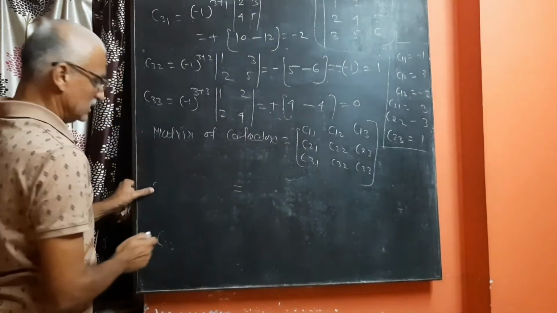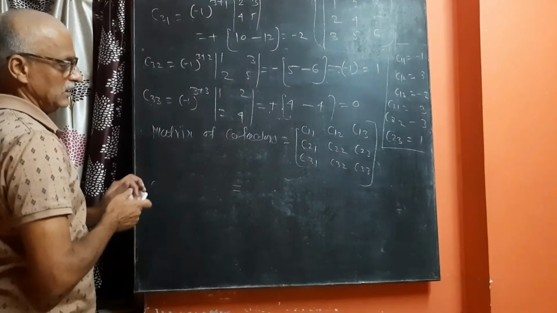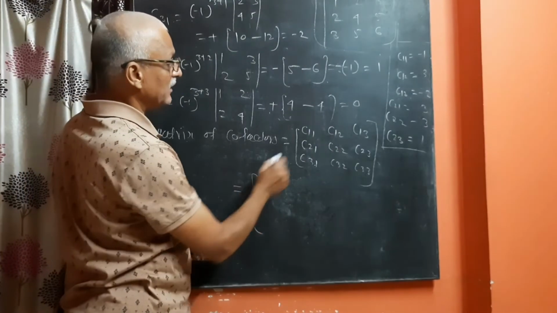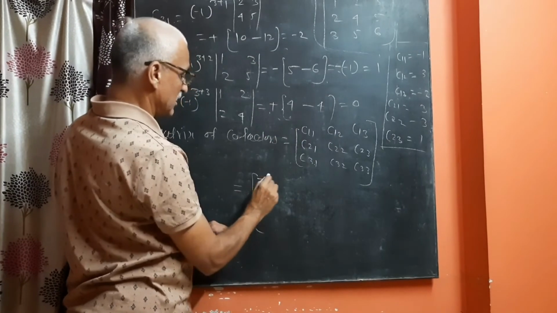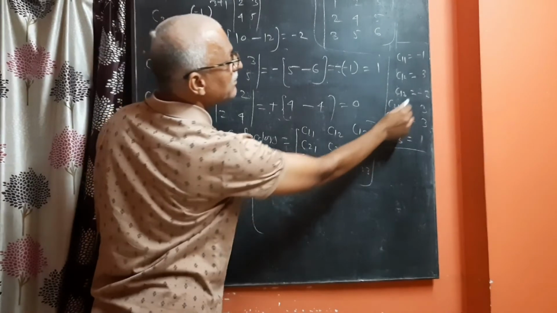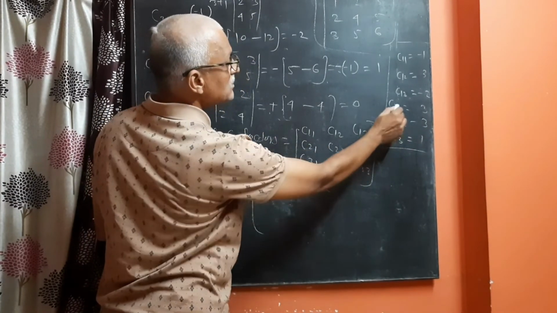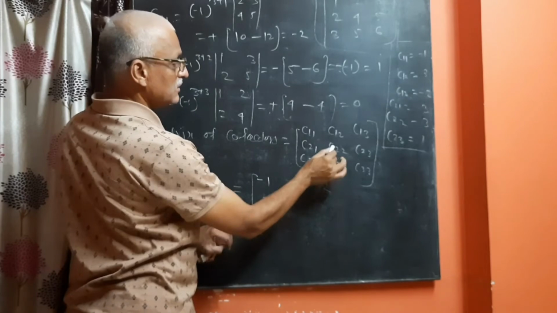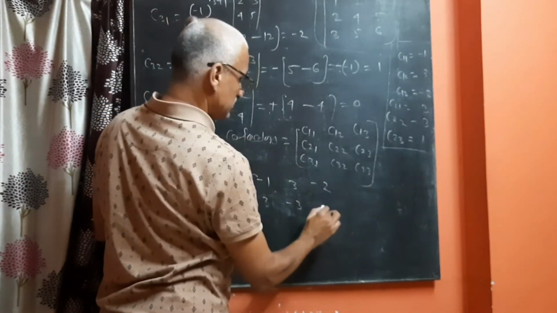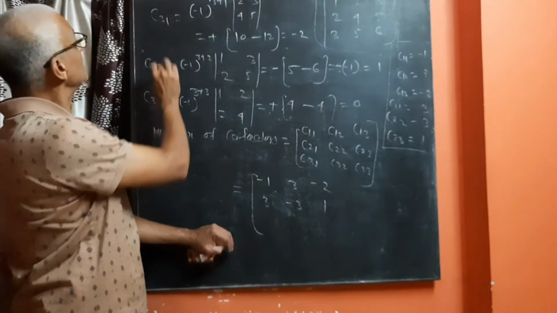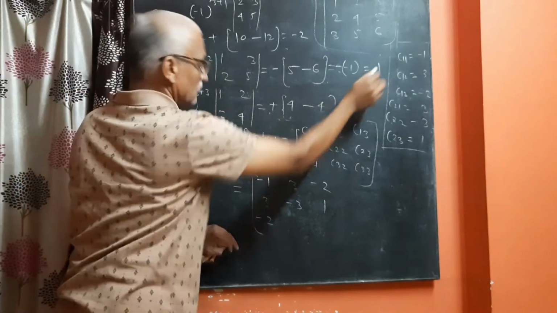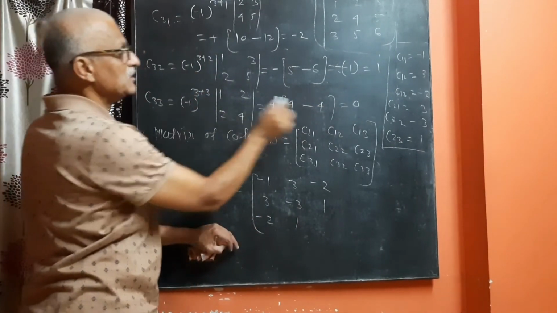So it is equals to matrix of, now I write down the values. C11 का value -1, C12 का value 3, C13 we have got -2, C21 that is 3, C22 -3, C23 that is 1, C31 that is -2, C32 1 and C33 0.